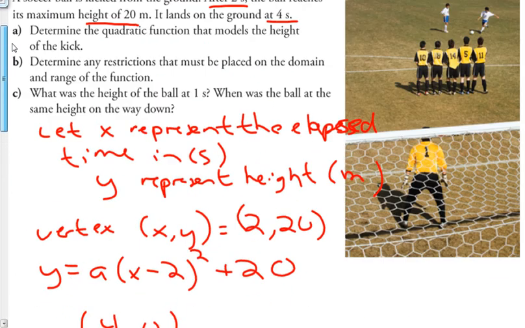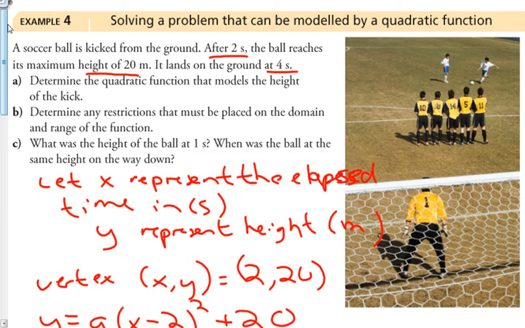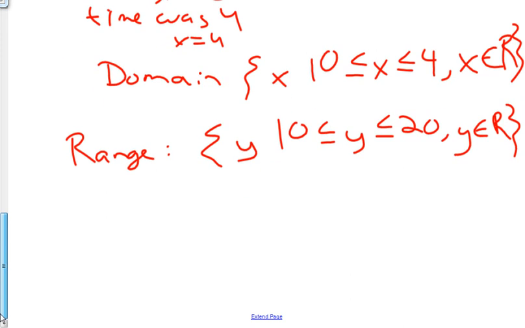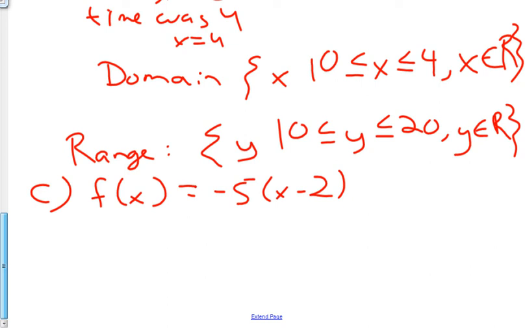Part C. What was the height of the ball at 1 second? Was the ball at the same height on the way down? I can substitute 1 in for x. I'll write out my equation. F of x is equal to negative 5 times x minus 2 squared plus 20.